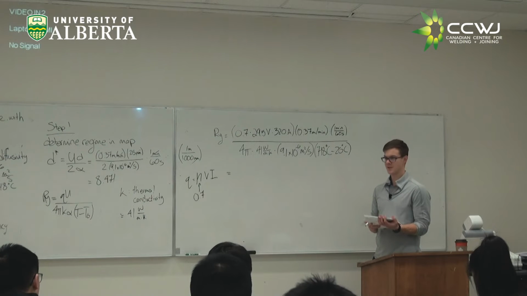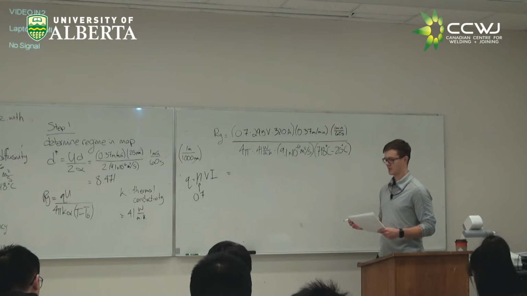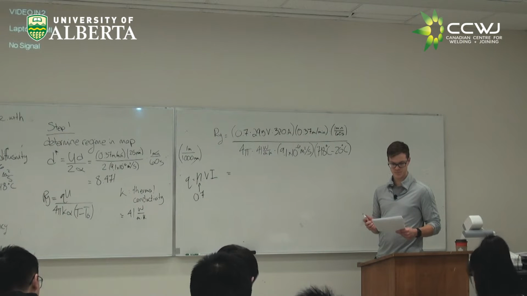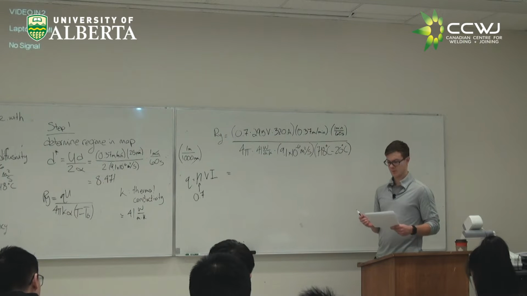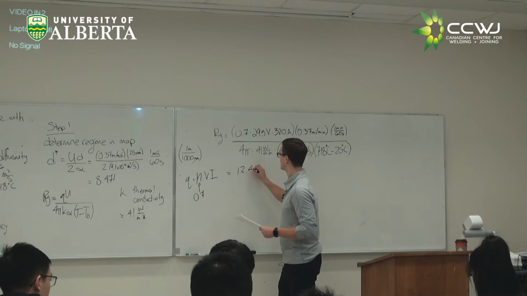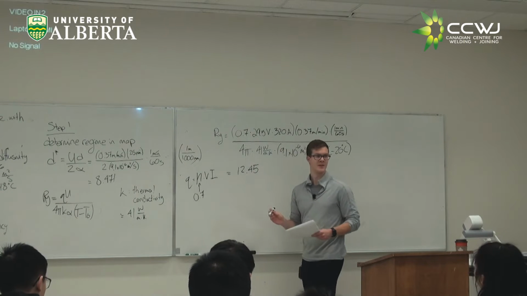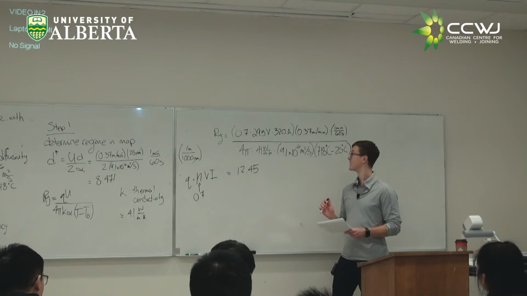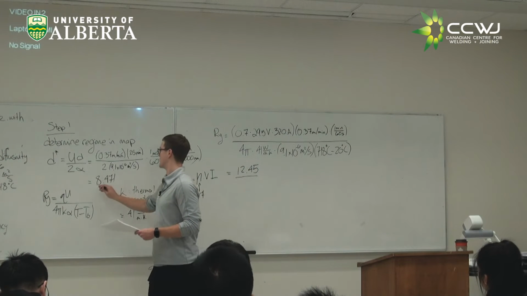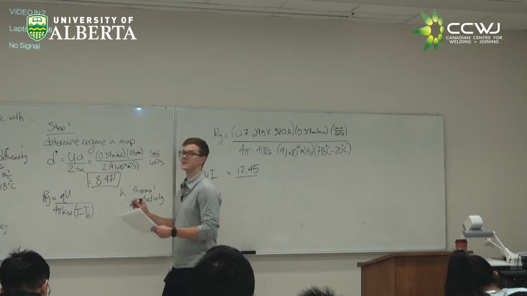Someone who's got a calculator, what do you get? 12.45. Anyone else? Same thing? Okay, so now we've got our Ricklin number and our D star.